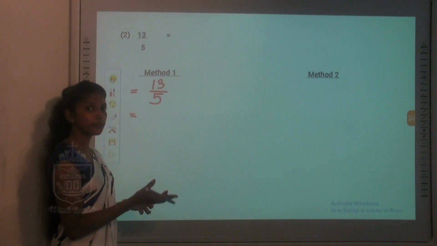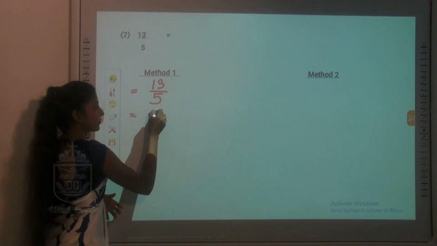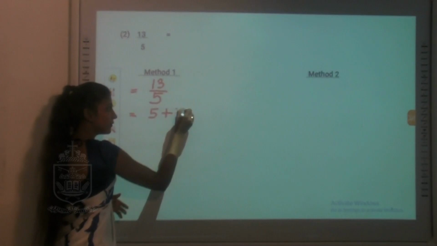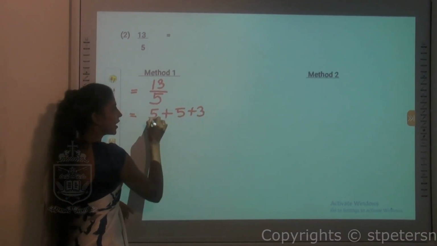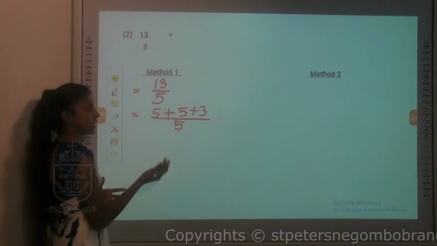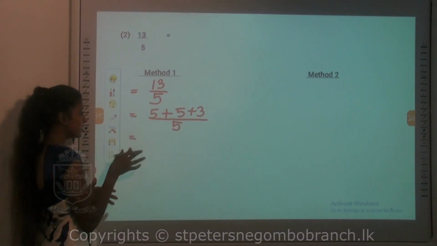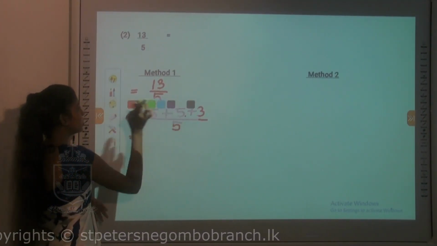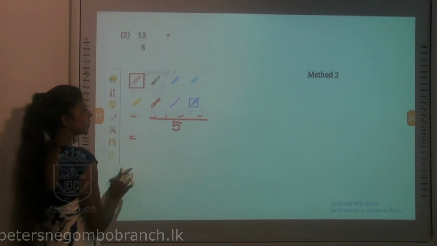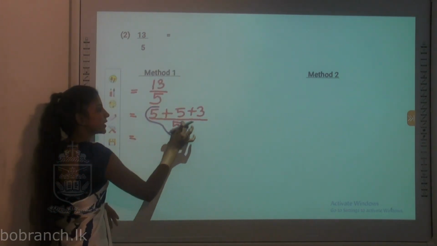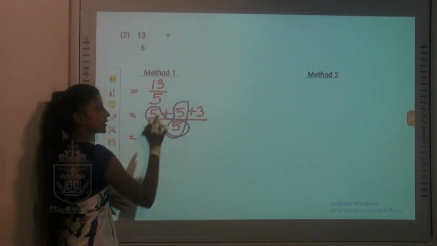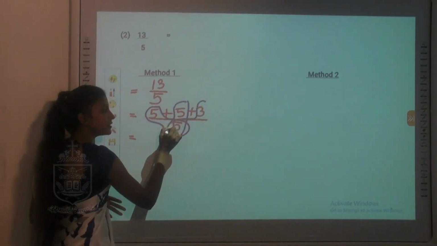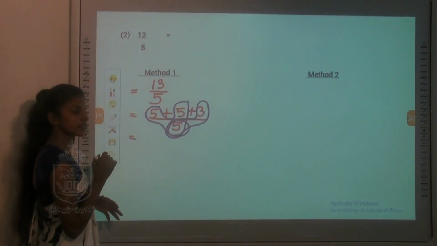What is the remainder? 3. So 5 plus 5 is 10, and there's another 3 remaining, and the denominator will remain the same, that is 5. Next we separate these fractions: 5 over 5 taken separately, another 5 over 5 taken separately, and 3 over 5 taken separately.